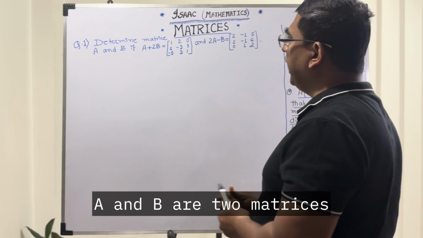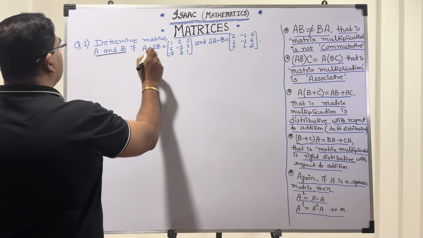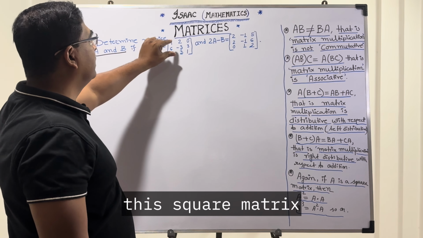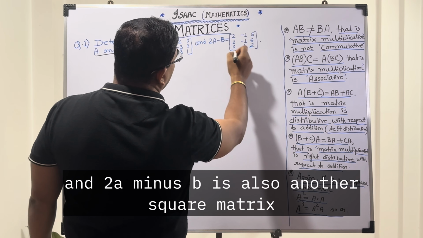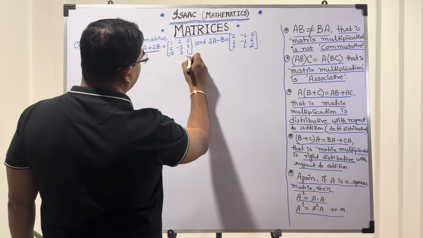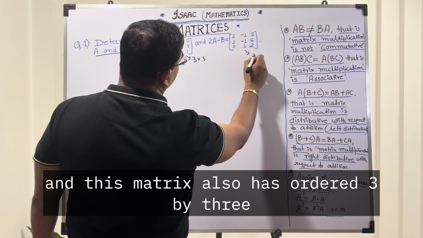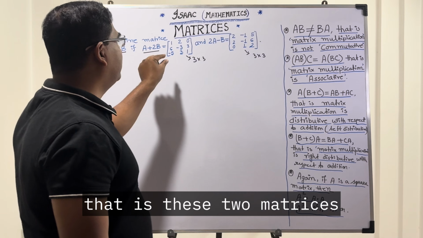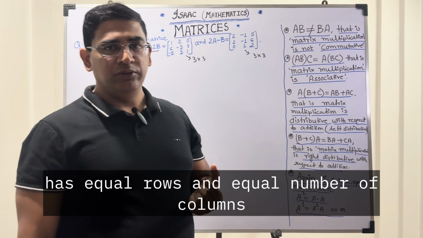Here A and B are two matrices where A + 2B is equal to this square matrix, and 2A - B is also another square matrix. So this matrix has order 3 by 3, and this matrix also has order 3 by 3. That is, these two matrices have an equal number of rows and columns.